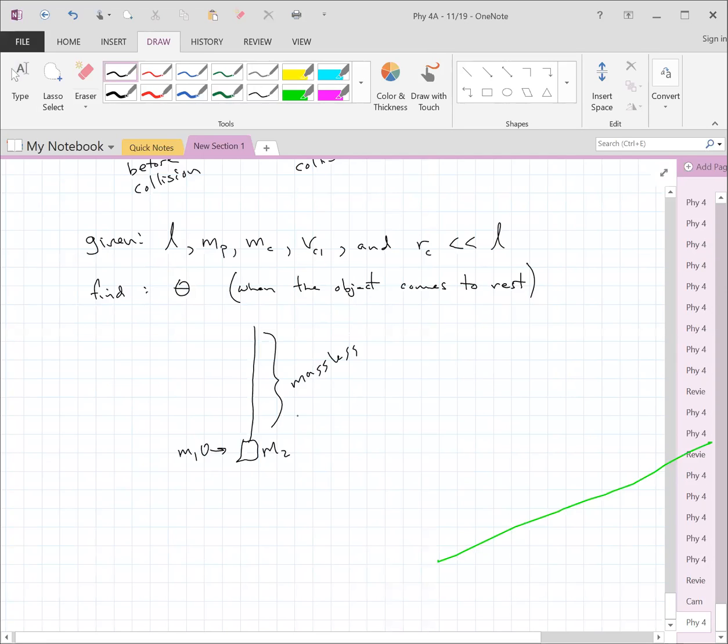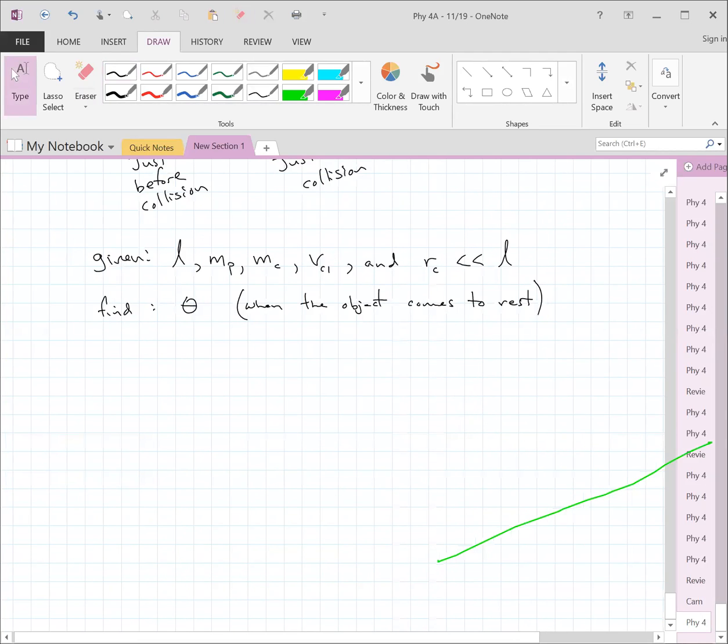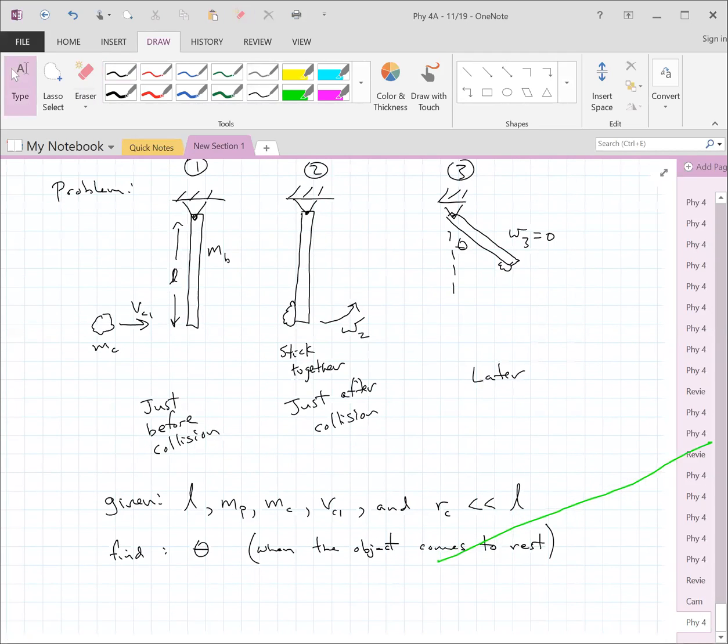Right, we could use linear momentum there. But now we don't have that. Now we have a rod or a board hanging here, and it has mass to it. And when it rotates, it's not the same as a linear momentum collision between two masses. So we really can't do that anymore. It was sort of a simple approximation we were making before because we didn't really have the tools to deal with those problems. But now we do have the tools to deal with it.